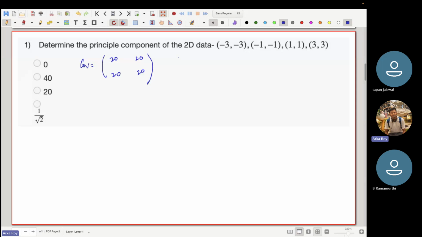The next part is to find the eigenvalues. Let's say this covariance matrix is named the A matrix. We know that AX equals lambda X, where lambda is the eigenvalue.